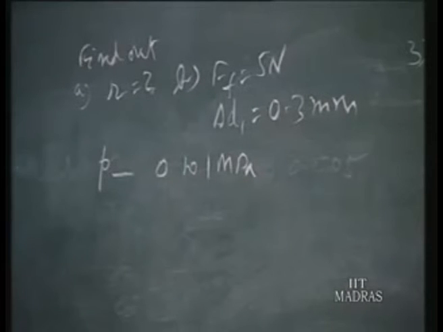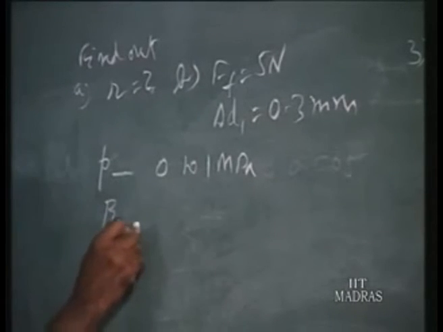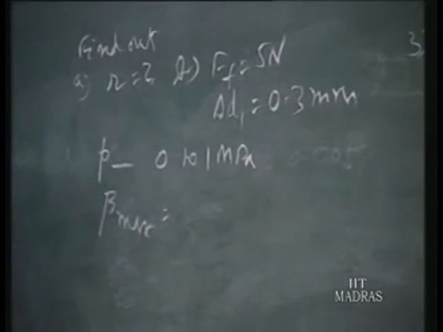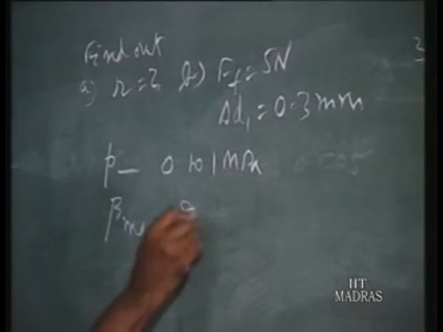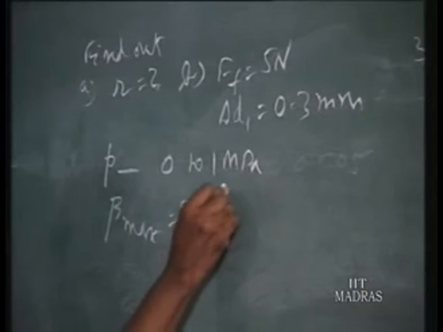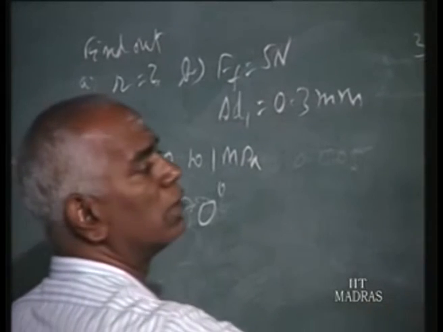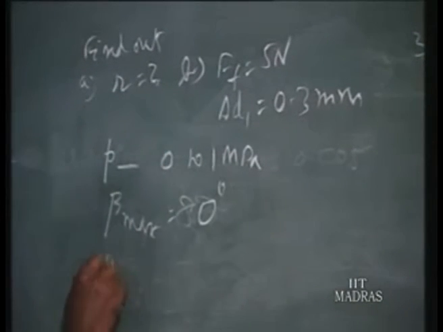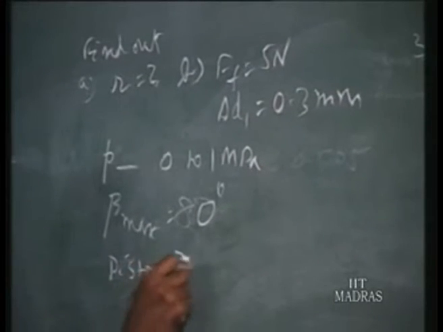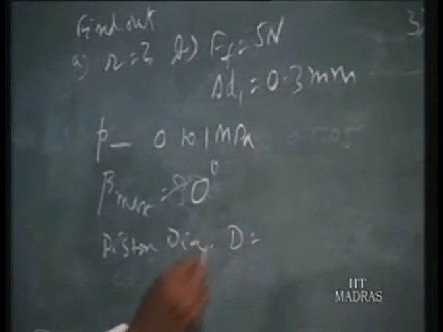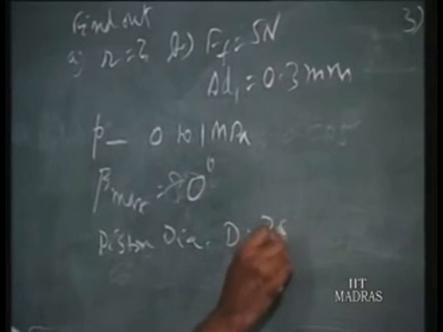The beta maximum, the maximum angular rotation, is 180, sorry, 80 degree, and the piston diameter, which I will call capital D, is equal to 20 millimeter.